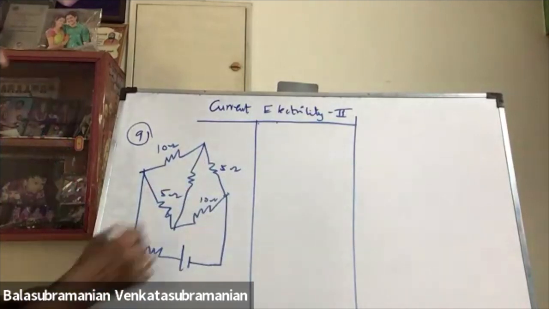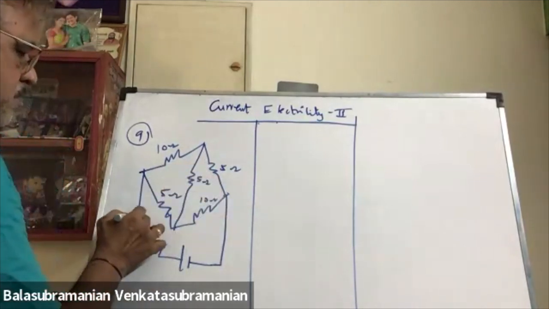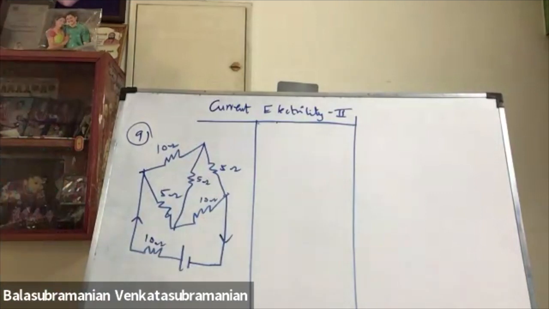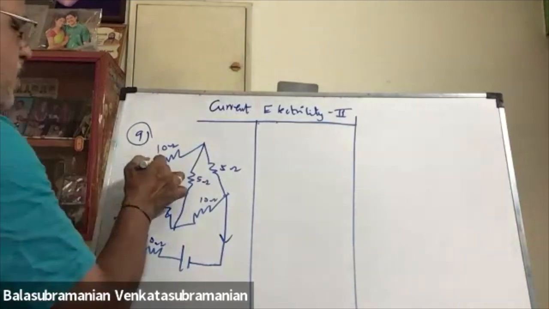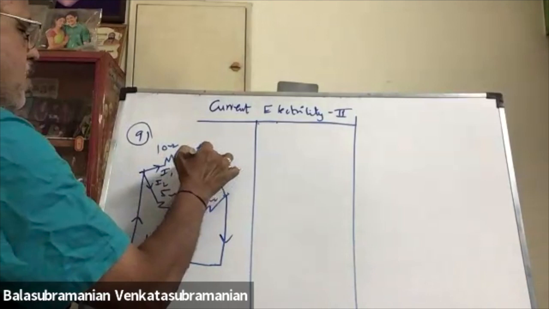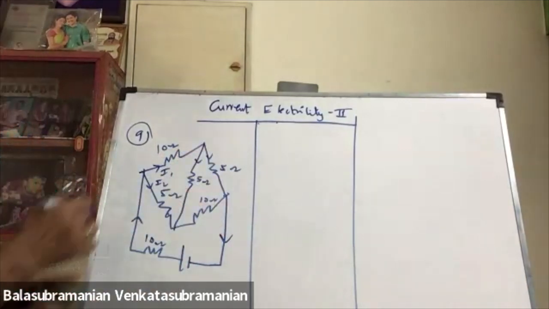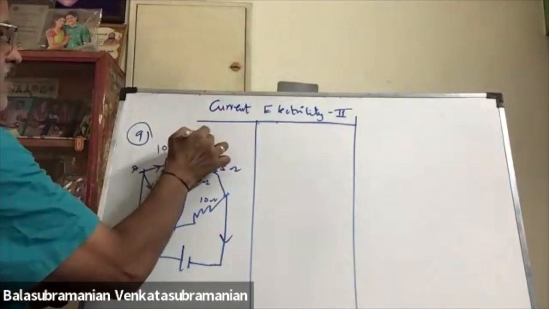Five ohms, 10 ohms. Current comes here and leaves out. This is I1, this is I2. Here are the junctions A, B, C, D.